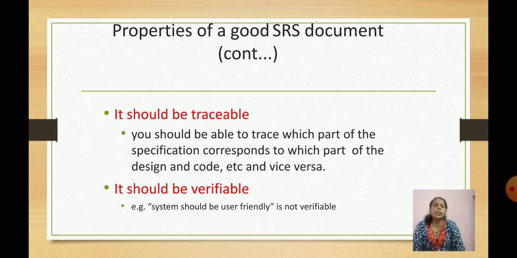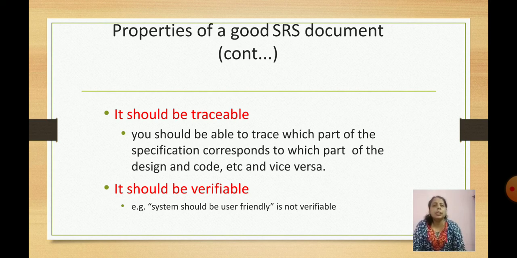The next point is it should be traceable. You should be able to trace which part of the specification corresponds to which part of the design and code. Means it can be easily known which part of the specification is in the design and which part is in the code. Okay, and it should be verifiable.